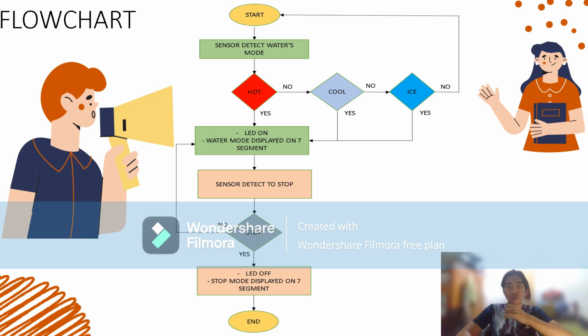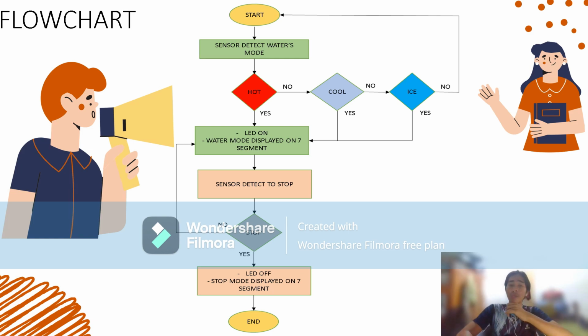But if the user wants to choose the other types of water, if the water is cool, the LED will be on, and the water mode displayed on the seven segment is cool water, and the rest of the process will be the same as the hot water.